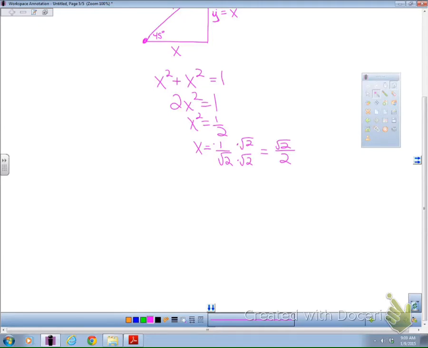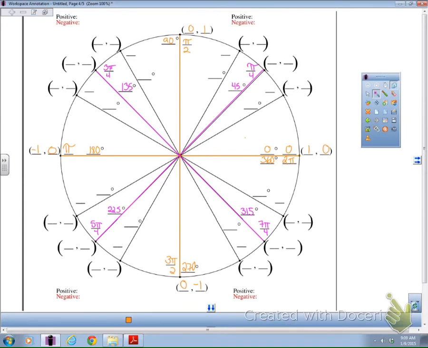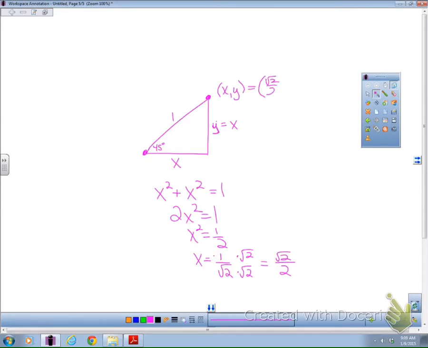So is x the same as y? Yeah. So what we know is this point is the square root of 2 over 2, square root of 2 over 2. All right? The x value is square root of 2 over 2. The y value is square root of 2 over 2. Okay, so Mackenzie said you could use that ratio. Remember the ratio from the other day?